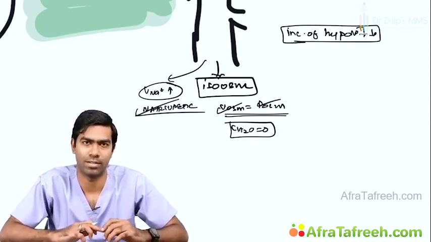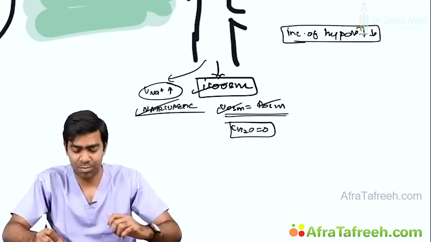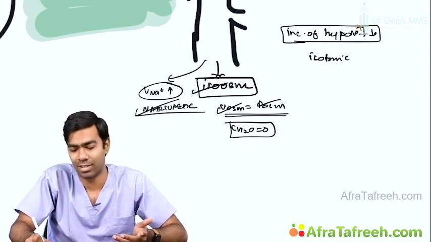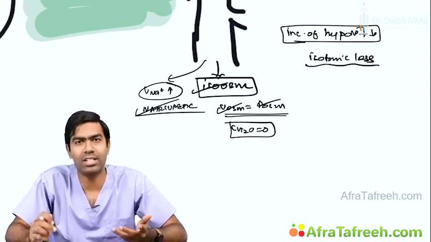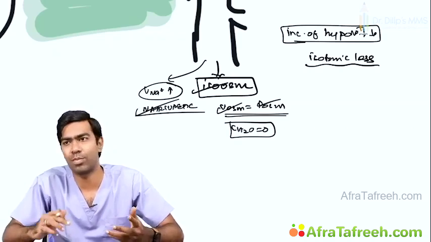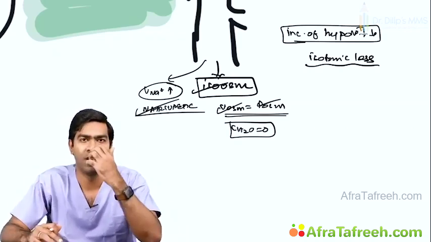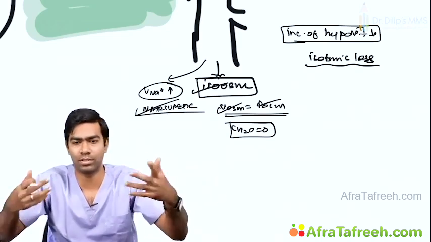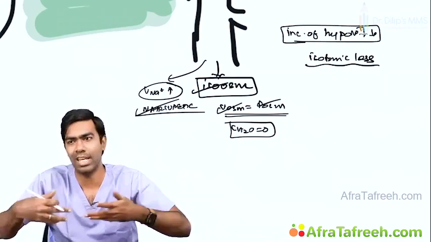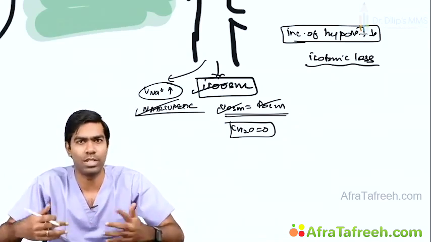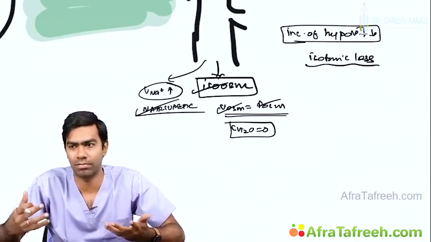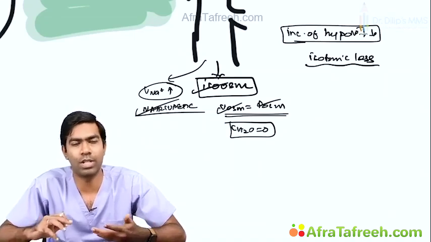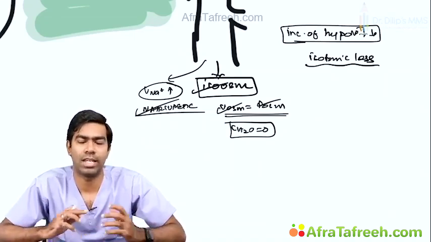Why? What is the reason? Because they produce isoosmolar urine, which means it's like an isotonic loss. We have studied this basics in the previous video itself. Whenever you produce an isotonic loss from the body, your concentration is not going to change, which means solutes, solvents, and all these things are lost in equal concentration, almost equal to that of the comparator which you use. So you are not going to produce much change in the serum sodium.